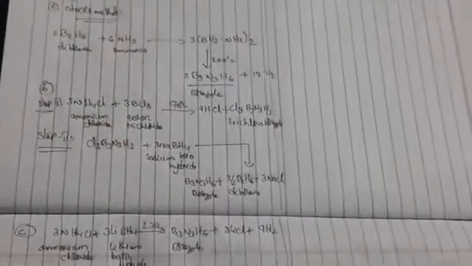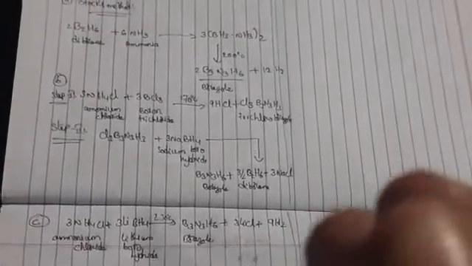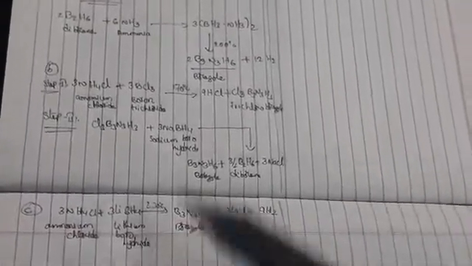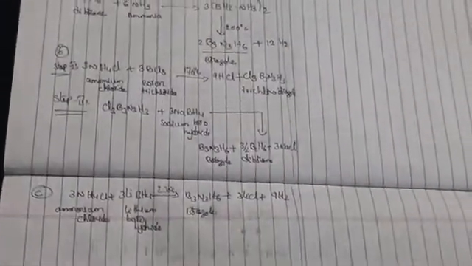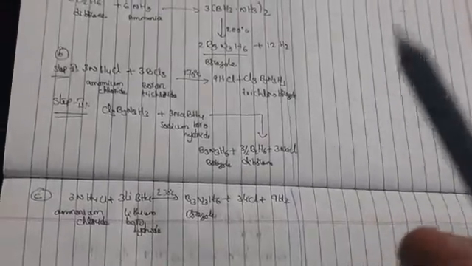So what are the preparations of borazole? In the first step, we are decomposing diborane with ammonia. So it is giving borazole, which is a low yield. In the next preparation, it is a two-step process. In the first step it forms trichloroborazole with ammonium chloride and BCl3.